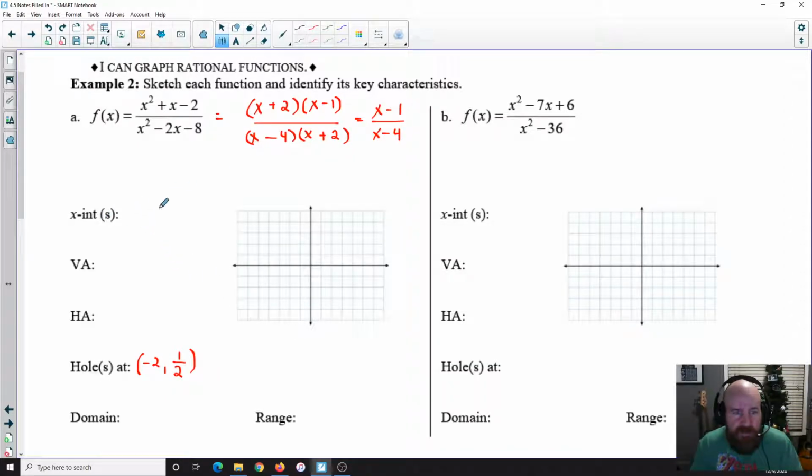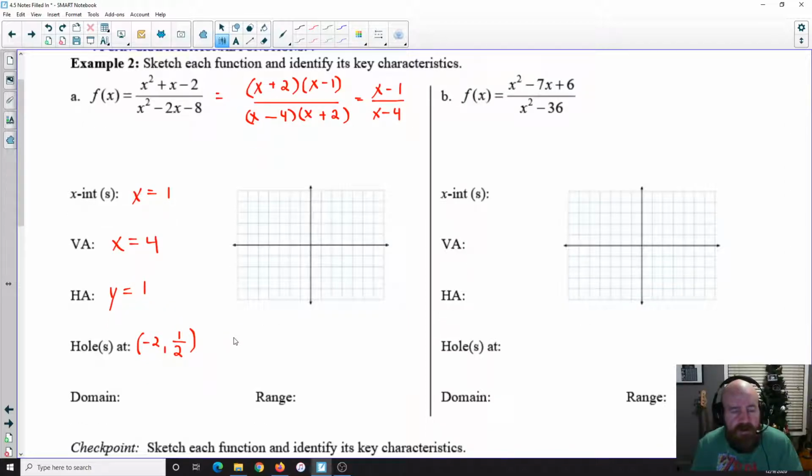Intercepts, x-intercepts, we have x equals 1, and vertical asymptote would be x equals 4. Horizontal asymptote, we have the same degree, so leading coefficients would be 1 over 1. So y equals 1. And then domain and range.